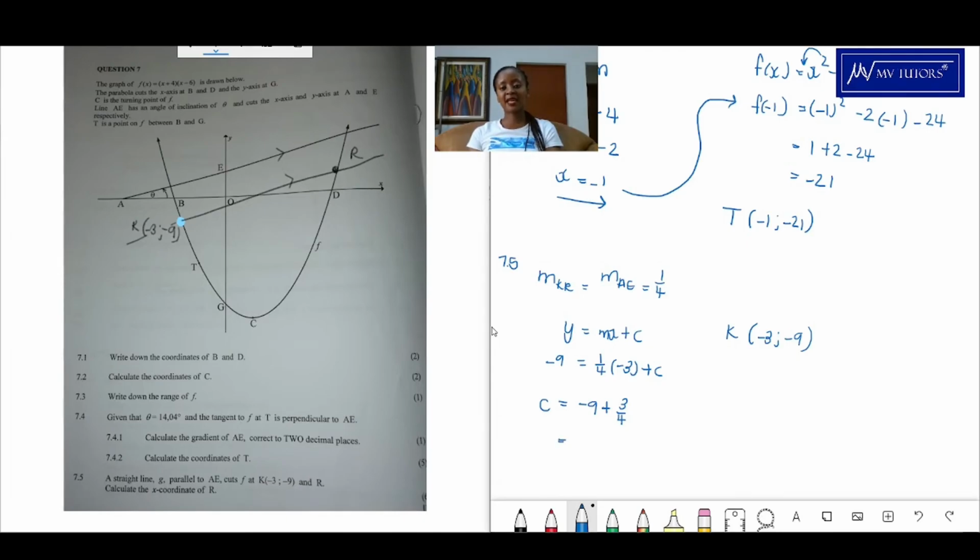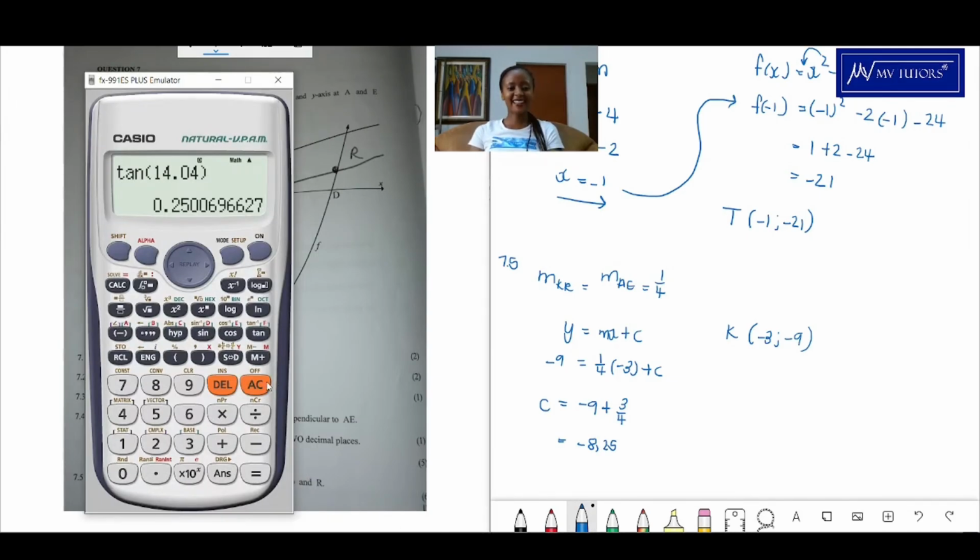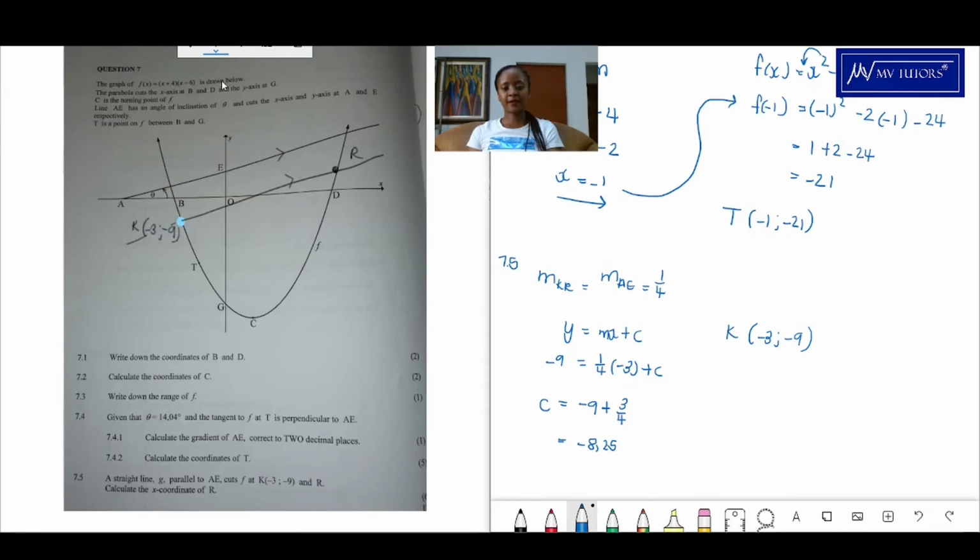So now we take -9 plus 0.75. It's going to be -8.25. Okay, let's just check on the calculator. Okay, so we have -9 plus 0.75. Okay, yeah, -8.25. Okay, cool.